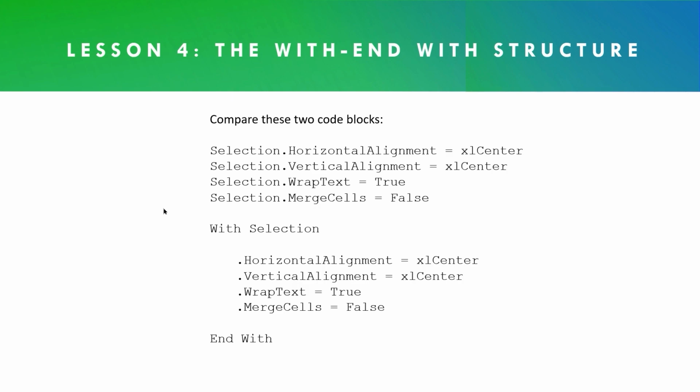In the second example, you have a With...End With structure, and it starts with Selection. Once you do that, you don't have to type the word Selection on every line. It actually makes your code more concise and easier to troubleshoot. So we're going to be using that structure that we briefly saw earlier. We're actually going to be setting it up when we go back over to the Visual Basic Editor.